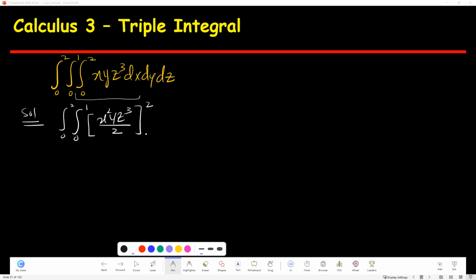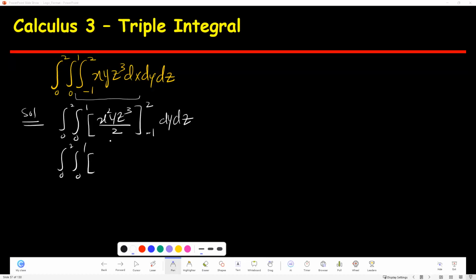The limit is 2 and this limit is not, correction, this limit should be -1. Okay, then dy dz. Let's substitute the limit before we move forward.